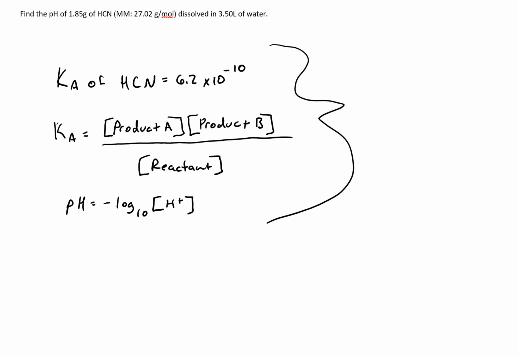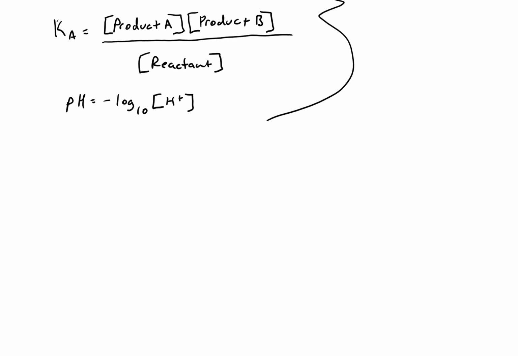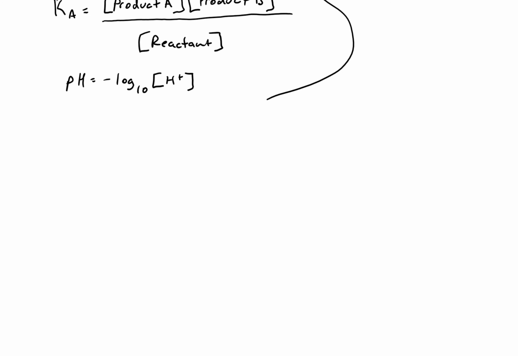So the first step to solving this problem is going to be to find the concentration of hydrocyanic acid in our 3.5 liters of water. To do this, we're going to start out with our mass, 1.85 grams of hydrocyanic acid.